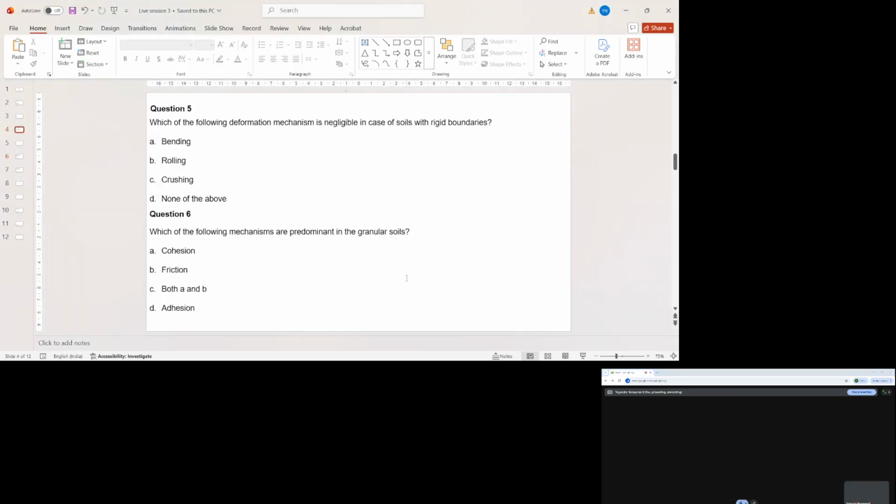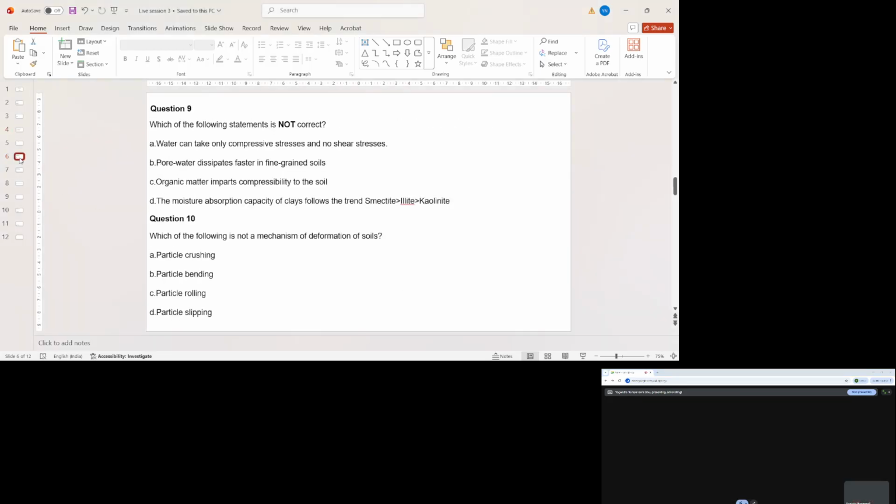Coming back to question 9 of this week: which of the following statements is not correct? There are four options given, and we have to choose the one that is not factual. Option A, water can take only compressive stresses and no shear stresses.